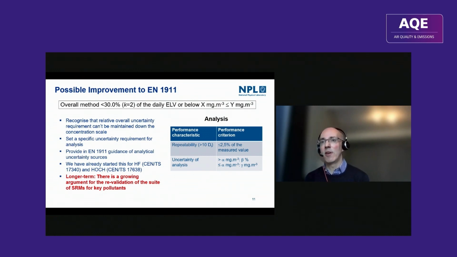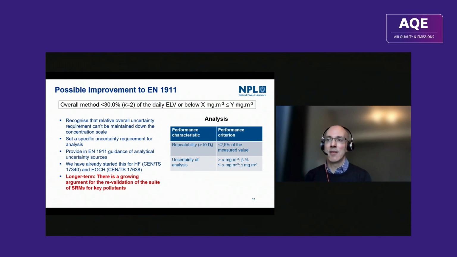Some of the sources are actually, in fairness to 1911, already listed, but probably what we need to think about is what sub-requirements it would be reasonable to expect and reasonable to give us the kind of control that we need to get the kind of performance we want out of 1911 across Europe. If you have looked at the recently published HF TS and formaldehyde TS, I was on the working groups that produced those, and so this was a little bit driven by me, but not just me, but others as well, who have thoughts along the same line.